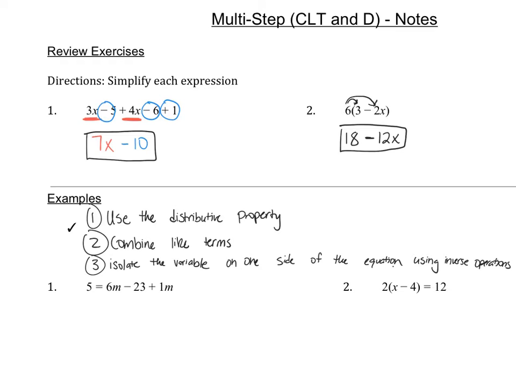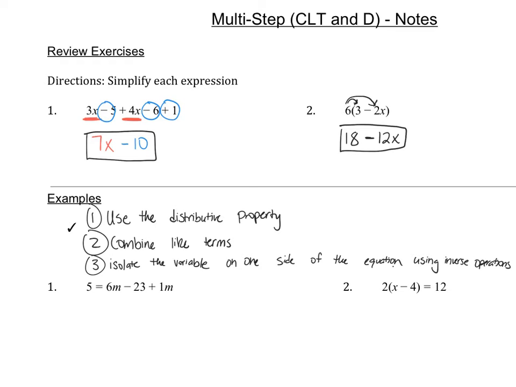All right, so we are going to be talking about solving equations now where you have to combine like terms and distribute. There's kind of 3 steps you want to take when you're doing these equations. The first step, always, if you can distribute, you want to use the distributive property first.